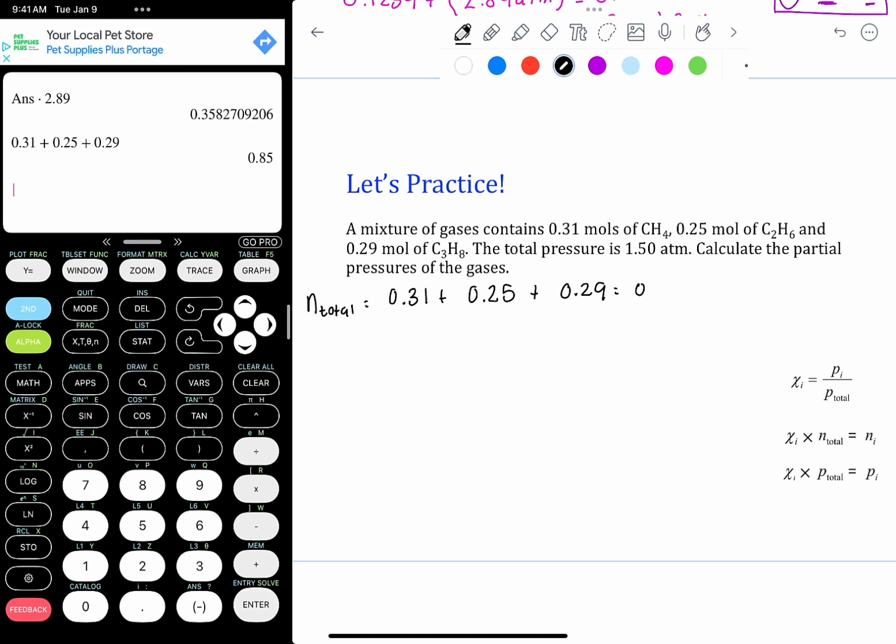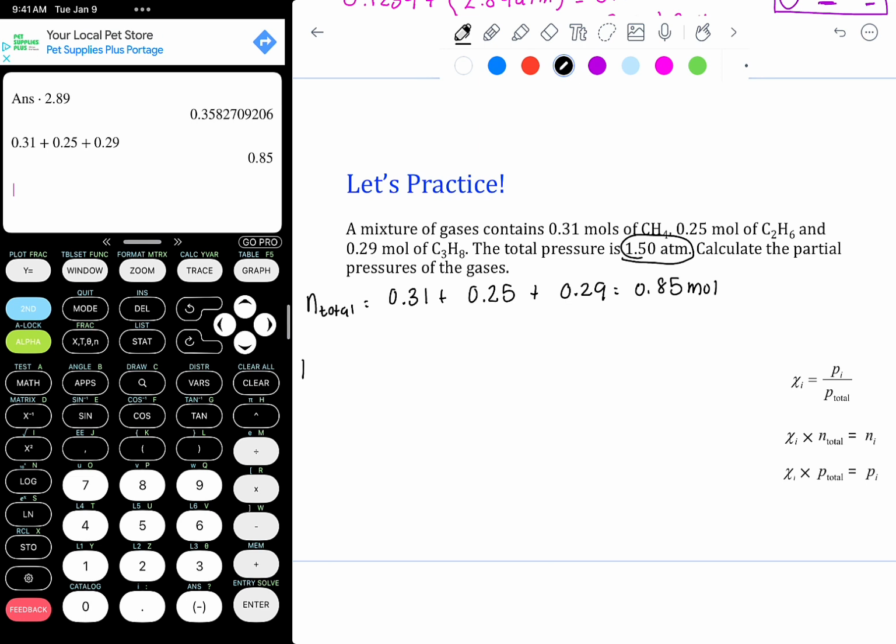So we get 0.85 moles total. So now we're going to take those chi values. I'm going to simplify this and just put it right in my equation instead of solving for them individually. We're going to find chi multiplied by the total pressure of 1.5, and that will give us the partial pressure.